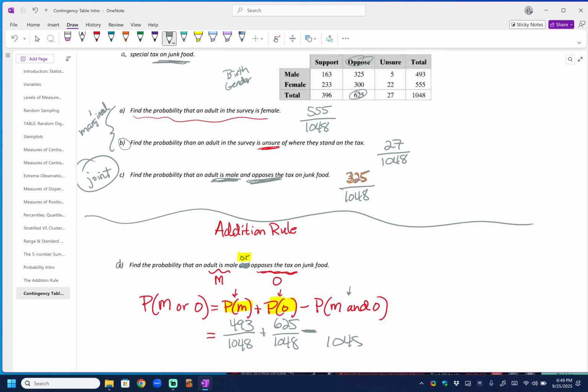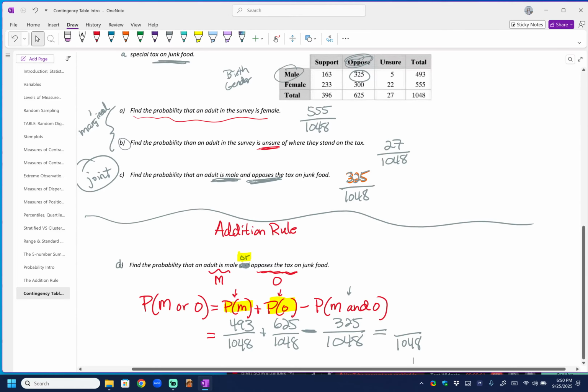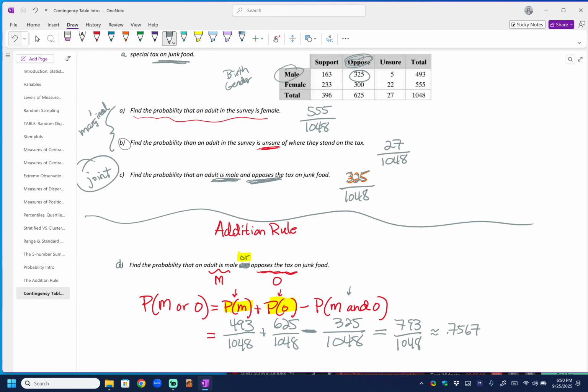Out of 1048, we have male and oppose, which will put us at 325 out of 1048. So if we basically put these together and do a little bit of subtraction, then we're going to get 793 out of 1048. And just because I already had it, I'll tell you that that is 0.7567. Note on exams, I accept either one of these as your solution to the problem.